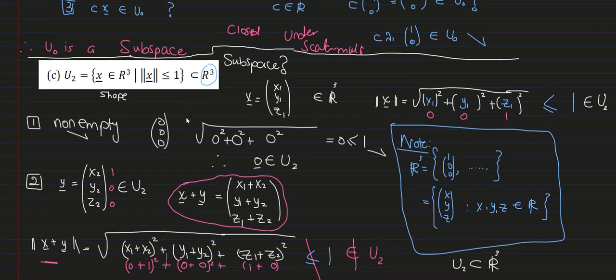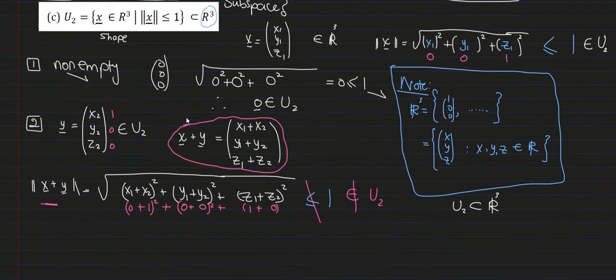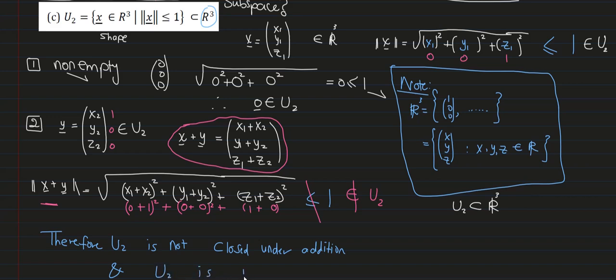Therefore, I will conclude the following. We have to mention the conclusion that U2 is not closed under addition, and hence is U2 a subspace or not?